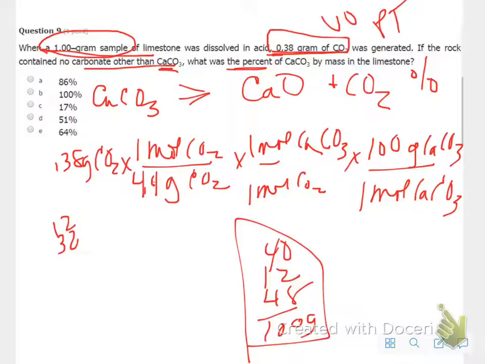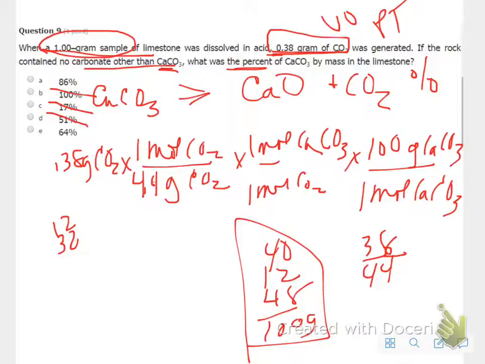So alright, if I just look at this, I have 0.38 times 100, it's 38/44, which is not 100%. It's certainly more than half, a lot more than half, so it's greater than 51.